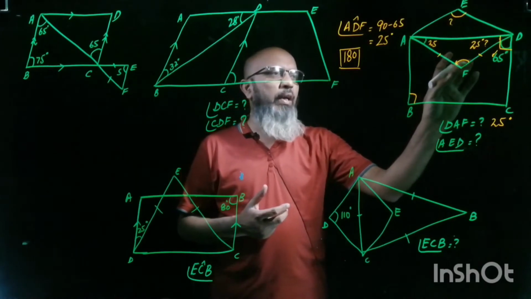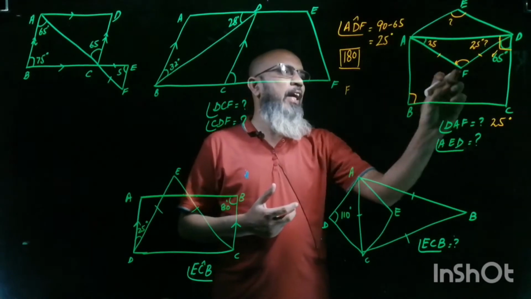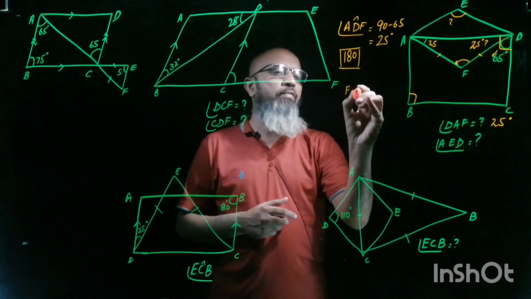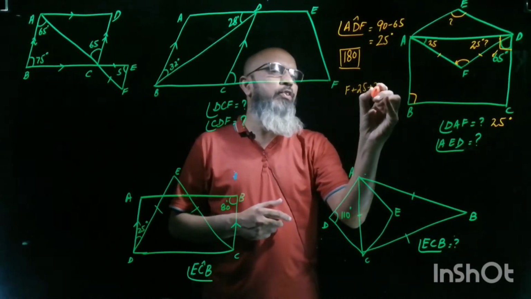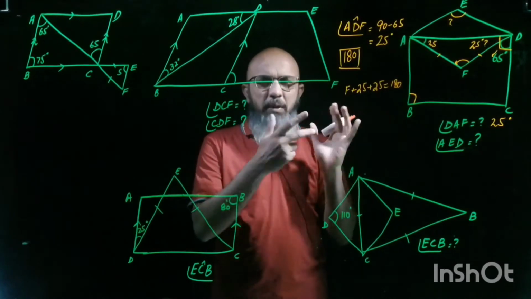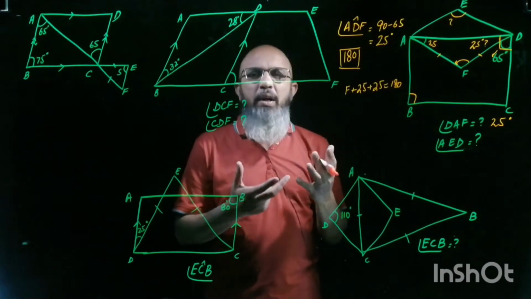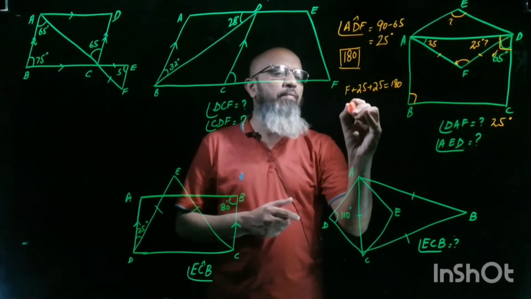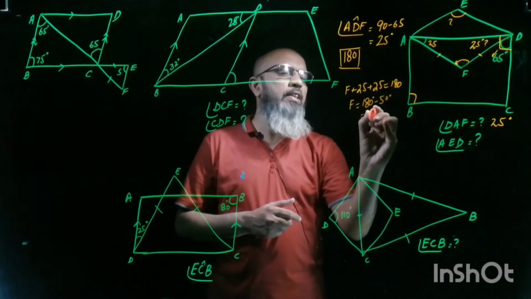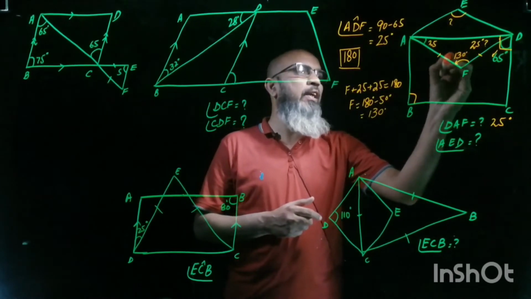The unknown angle we call angle F, or you can say AFD or DFA. Angle F plus 25 plus 25 is equal to 180. You can do it mentally, that is much easier: 25 plus 25 is 50, and you subtract it from 180. So F is equal to 180 minus 50, your answer is 130 degrees. Means F is equal to 130 degrees.